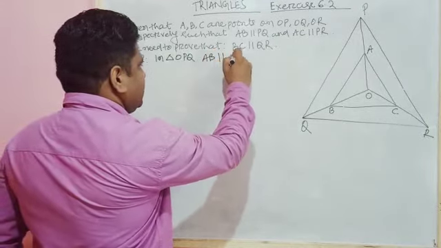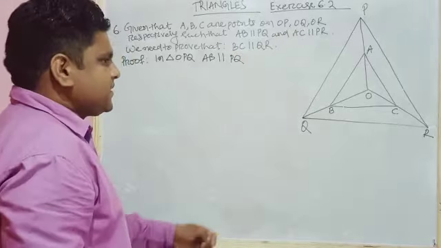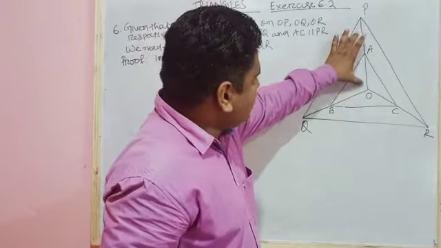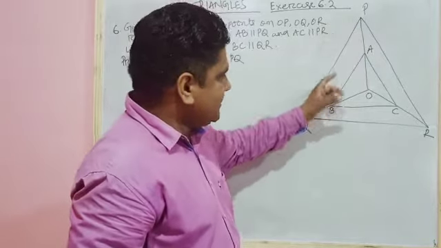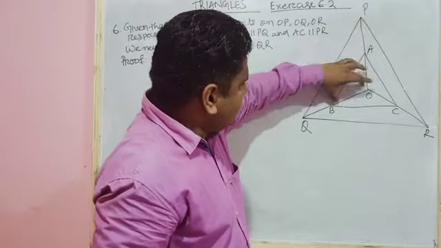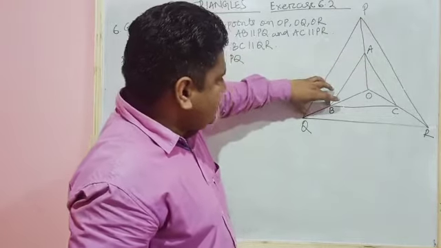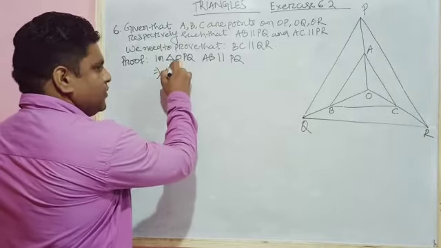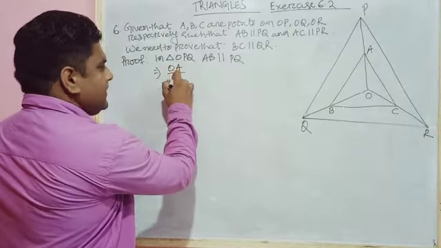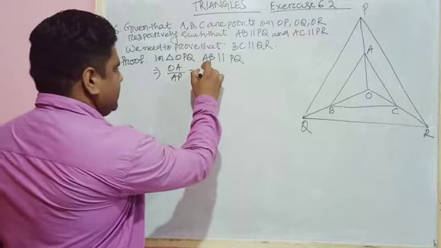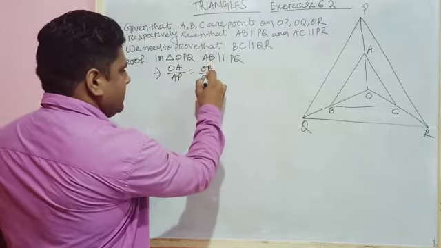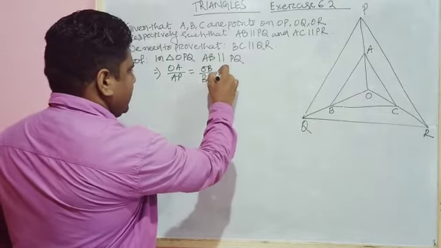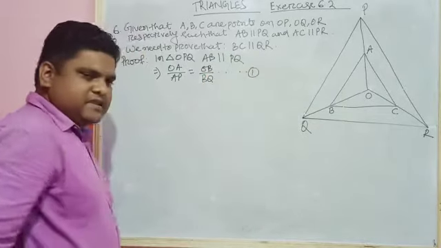So applying basic proportionality theorem, we get that AB must divide the sides OP and OQ in equal ratio, that is OA by AP equal to OB by BQ. This implies that OA by AP is equal to OB by BQ. Let it be equation 1 from basic proportionality theorem.